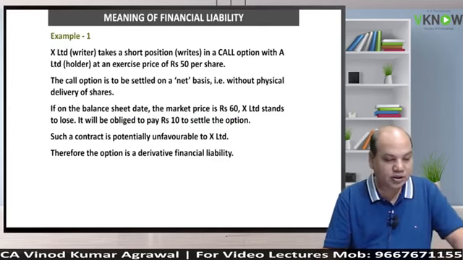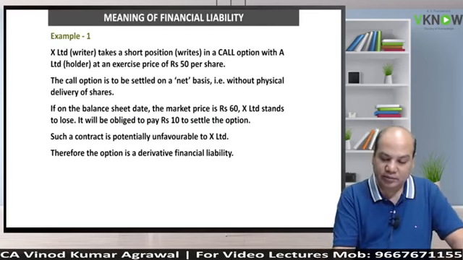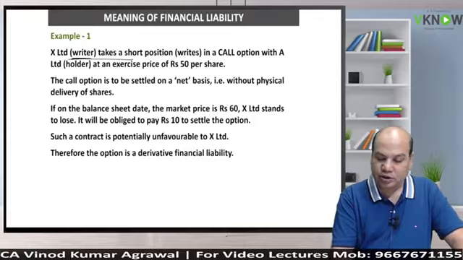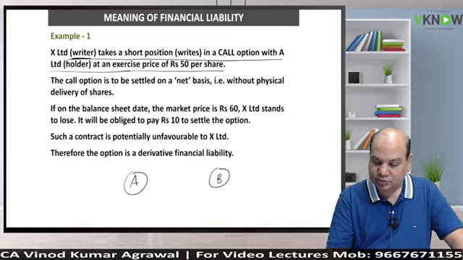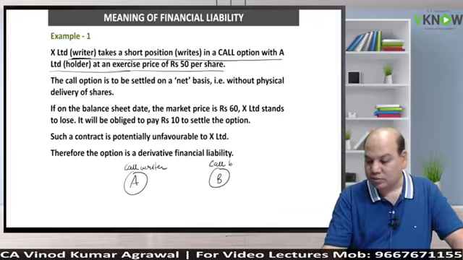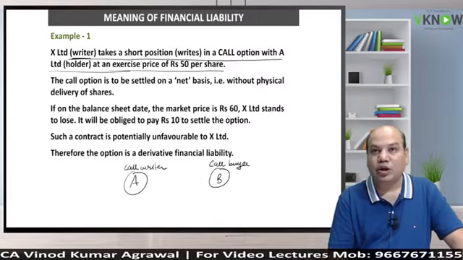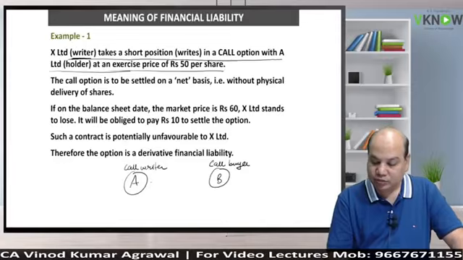One example is X Limited, a writer. The writer takes a short position in a call option with a holder at an exercise price of 50 rupees. So Mr. A, Mr. B, suppose A is the call writer, B is the call buyer. So Mr. A has entered into a contract with Mr. B. What is the contract?